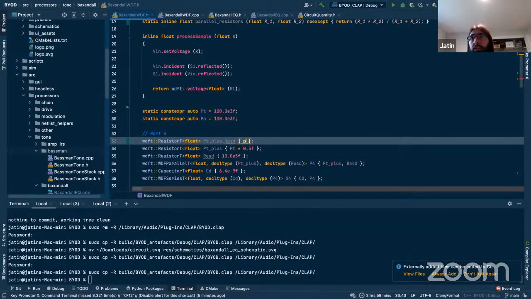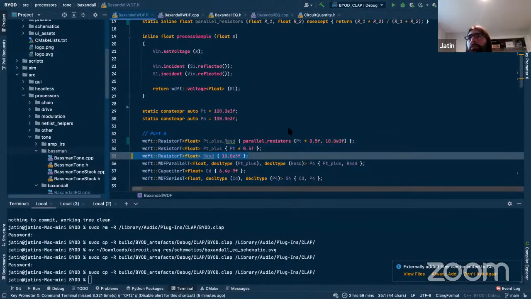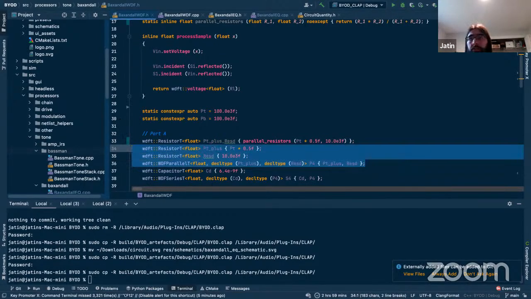The value should be parallel resistors with the value of the first one and the value of the second one. Oh, that won't be a semicolon there. Yeah, so that's basically what we want here, so that we don't need to have these two parallel resistors.